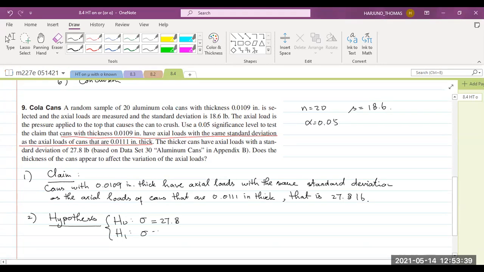The alternate hypothesis: population standard deviation is not equal to 27.8. The claim is with the null hypothesis, and the test will be two-tailed. Therefore, the p-value later on should be multiplied by 2.